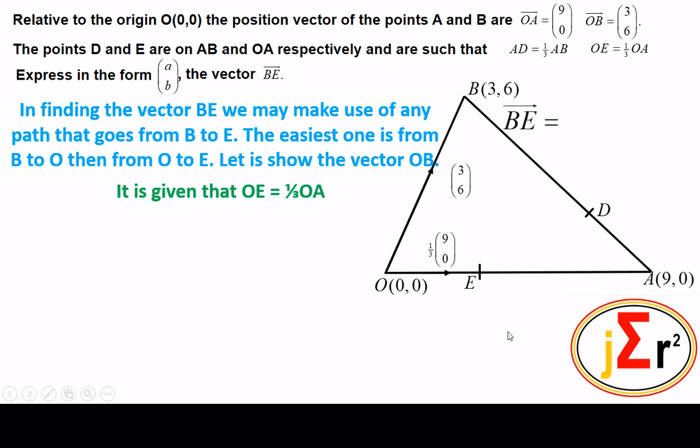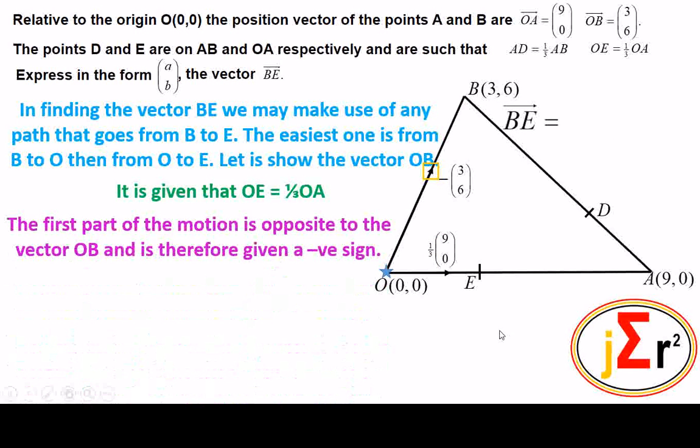Notice the first part of the motion going from B to O. That's the first part of the motion. The first part of the motion is opposite to the vector OB and is therefore given a negative sign.